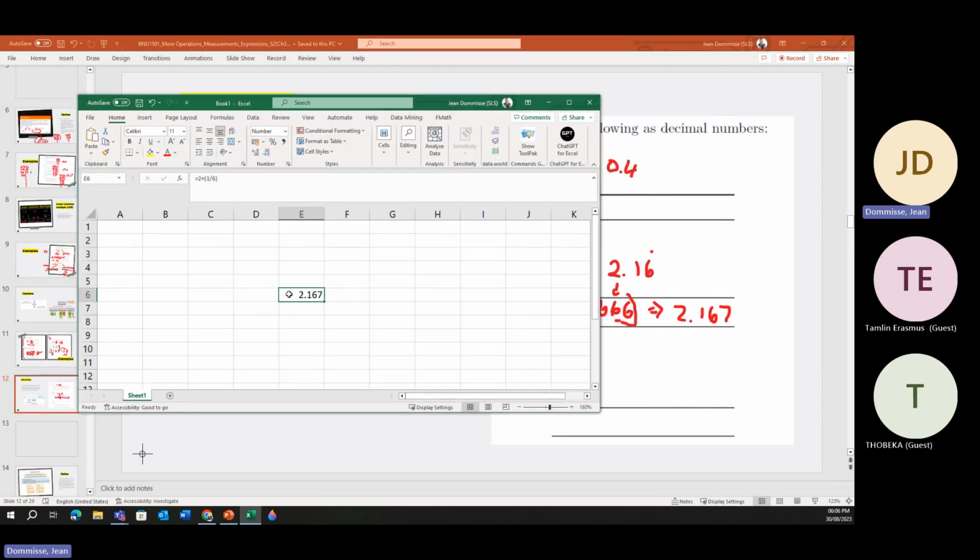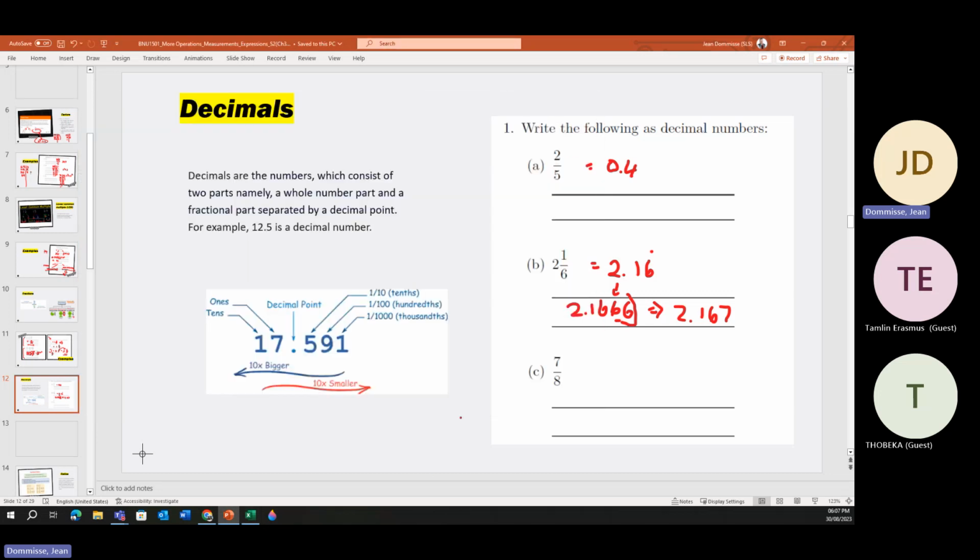So you can just with that one play around to see, okay, if we needed to round it off to 2 decimals, 2.17. If it's 1 decimal, 2.2. If we need to round it off with no decimals, it is 2. So again, you can decide, much easier also in Excel to just look at how you can round it off.